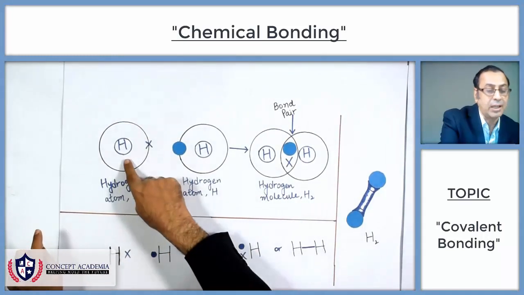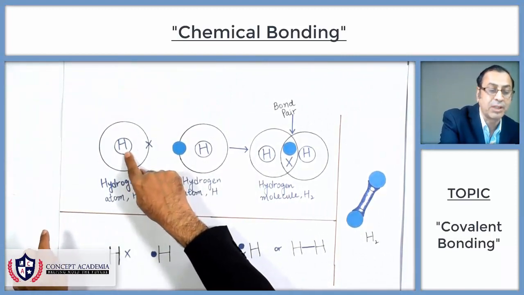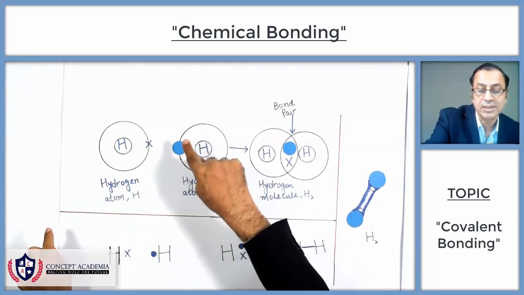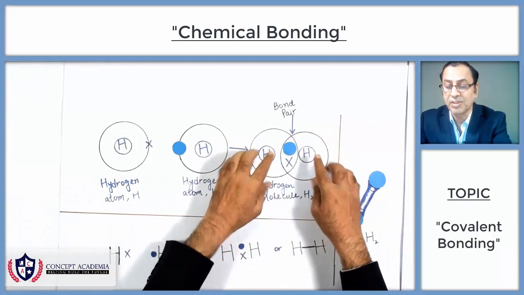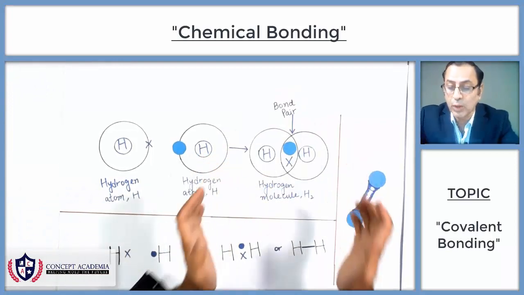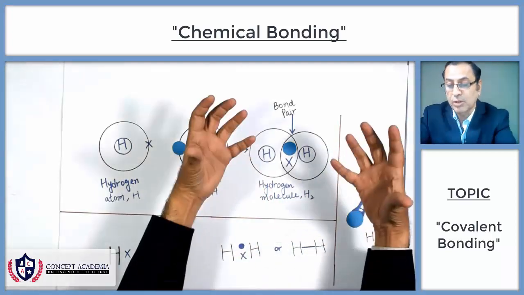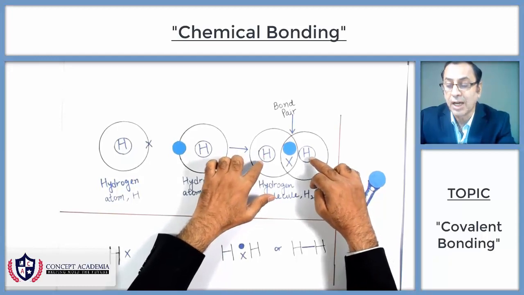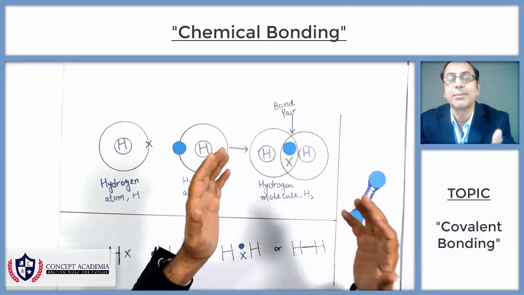When it is independent, 1 hydrogen nucleus, it is an atom. But when H2 is acting as 1 body, having 2 nuclei, this hydrogen nucleus and this hydrogen nucleus, it is a molecule.